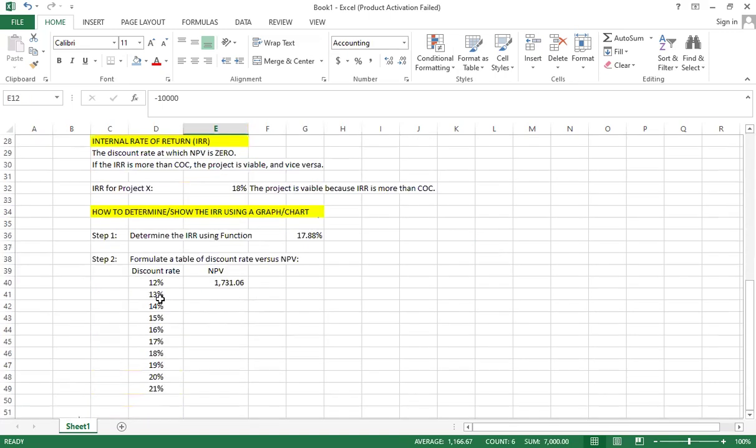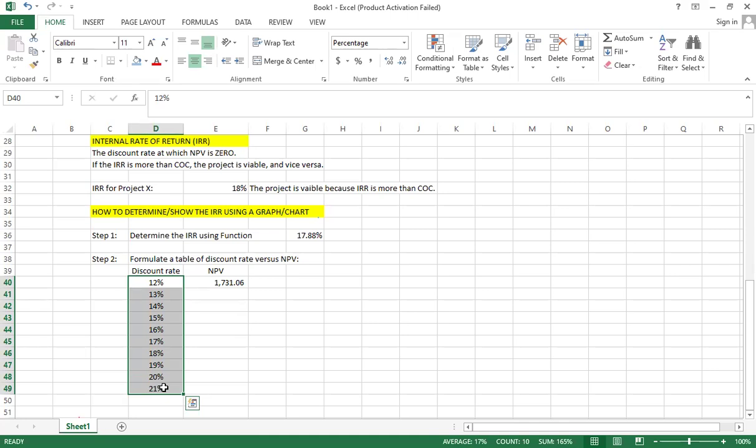So irrespective of which percentage here, the cash flows for the project are the same. The only thing that will change in the formula for NPV is this discount rate.